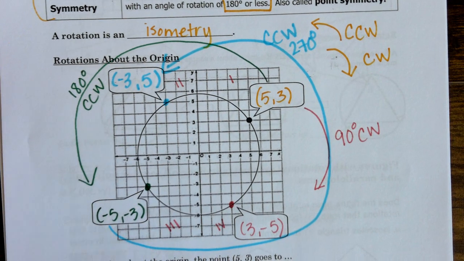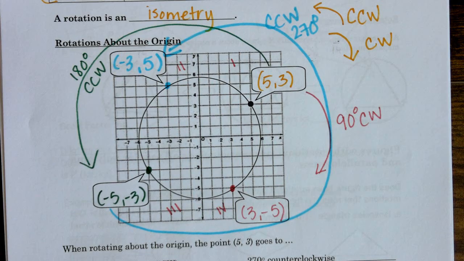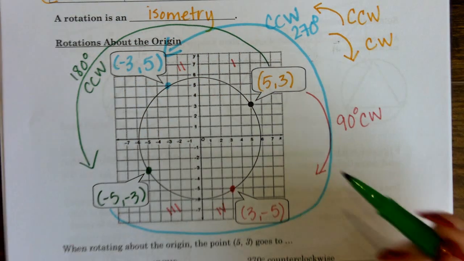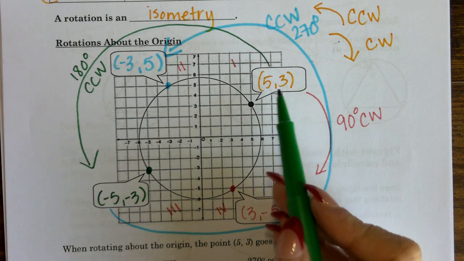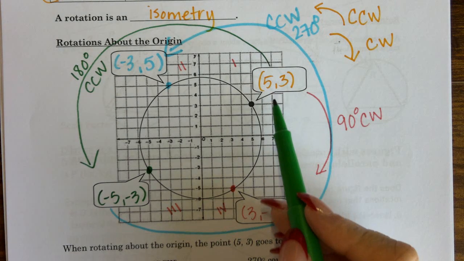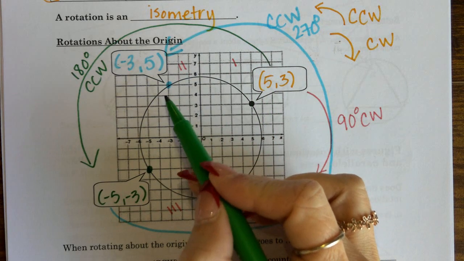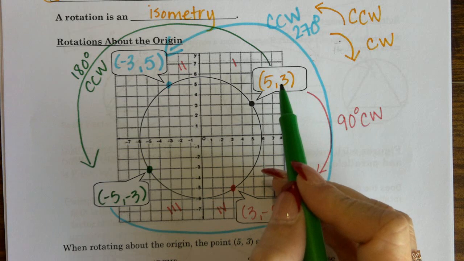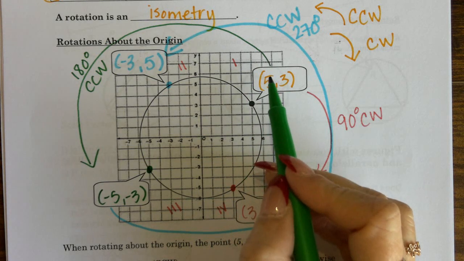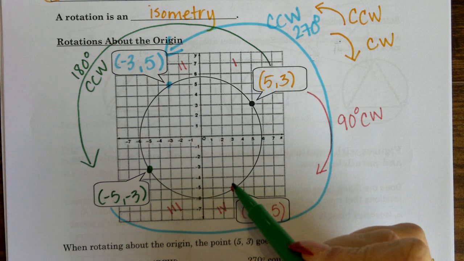Okay. The last little thing I want to talk about, guys, is we can also rotate negative. So anytime we do a rotation this direction, if I said a 90-degree rotation clockwise, I could say a 270-degree rotation counterclockwise.